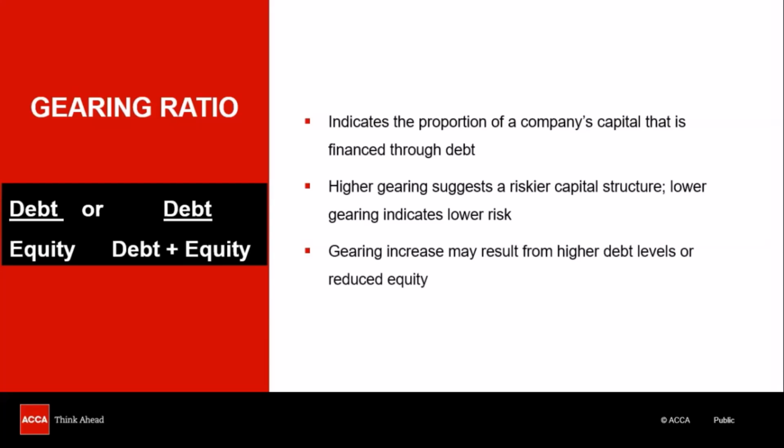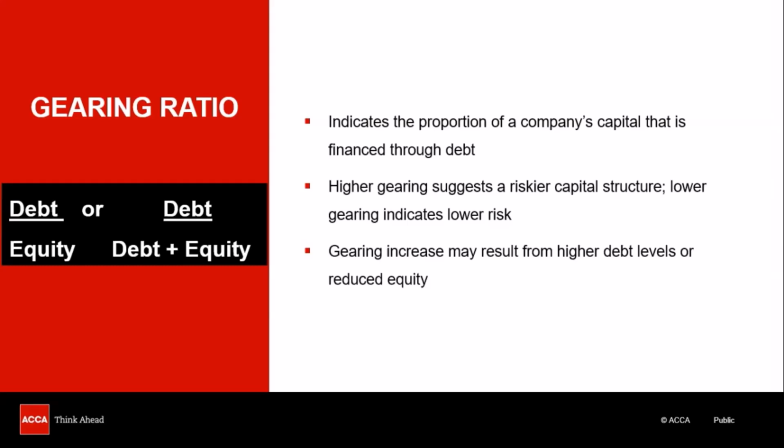A reduced level of equity may be due to dividend payments or losses happening in the business. So we are examining the overall financing structure of the business. Anything related to debt levels or equity levels is going to be evaluated here.